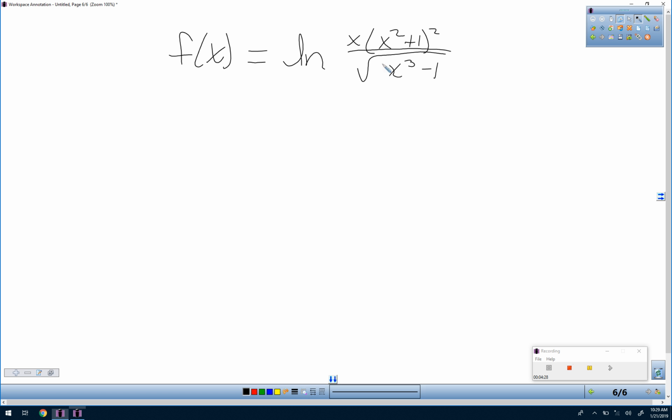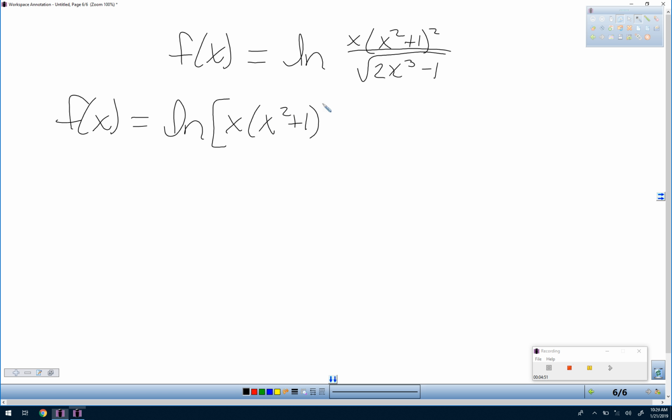What I'm going to do first is I'm going to rewrite this. So I'm going to say that this function is the same thing as ln of, it'd be good to maybe put a bracket, so ln of x times x squared plus 1 squared.